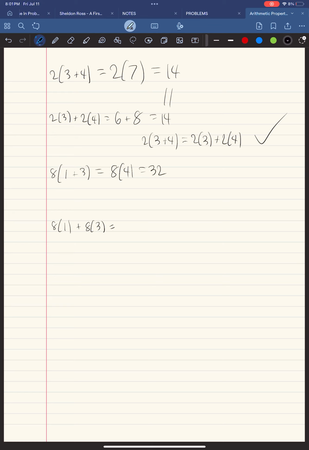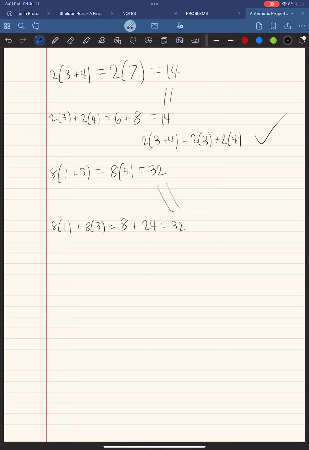Cool. And then the distributive property says that we can split that up a little bit to get 8 times 1, which is 8, plus 8 times 3, which is 24. And then 24 plus 8 is equal to 32.